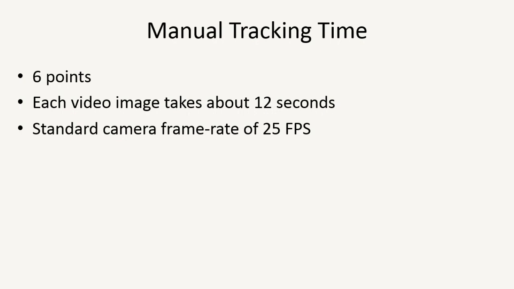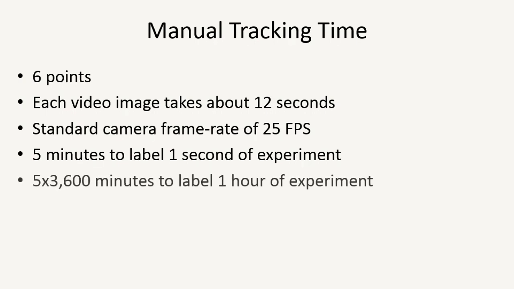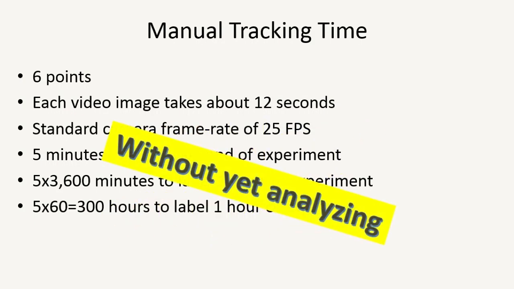It means that we'll have 300 seconds, which is 5 minutes, to label 1 second of experiment. To label 1 hour of experiment, we'll need 5 multiplied by 3,600 minutes. If we want it in hours, it would take us 300 hours only to label the 6 points that we want to track, without yet doing the analysis.